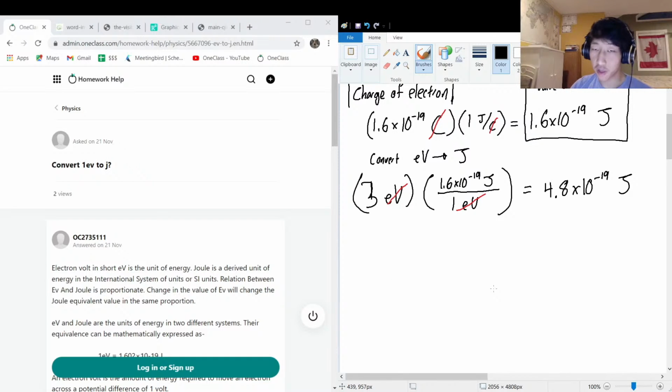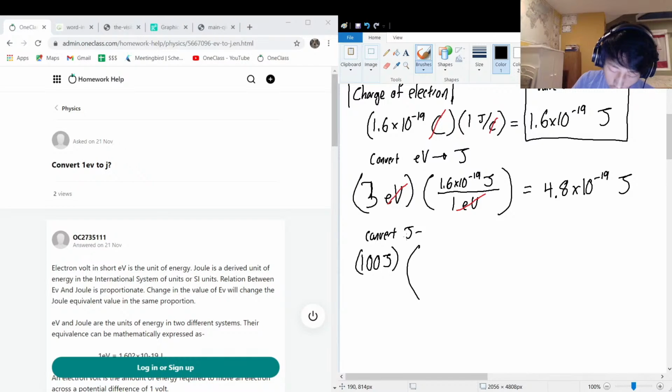And if we wanted to go the other direction, like if we want to go from joules into electron volts, say we have 100 joules. Well, to convert joules to EV, electron volts, we would just divide by the fraction that we got above.